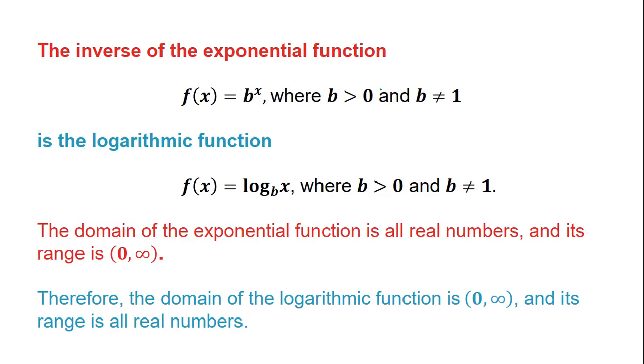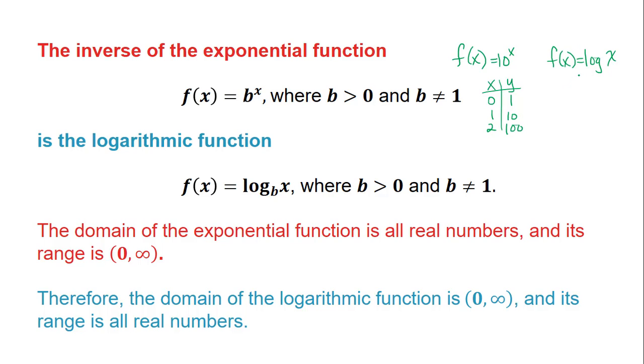So just in that previous example, if we think about f of x is equal to 10 to the x, then the inverse of that function is f of x equals log x. Right, so in 10 to the x, my inputs are the exponents, like 0, 1, and 2. 10 to the 0 is 1. 10 to the 1 is 10. 10 squared is 100.